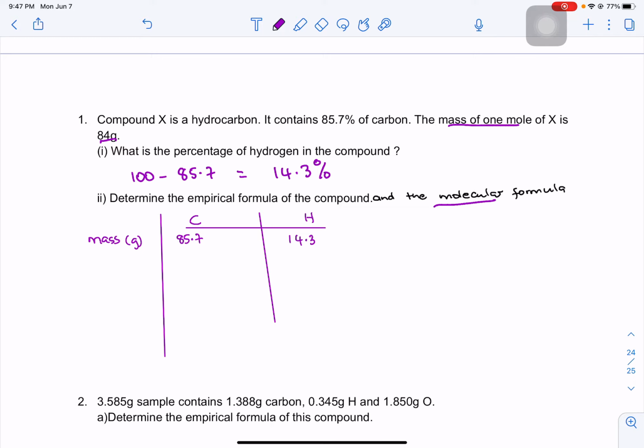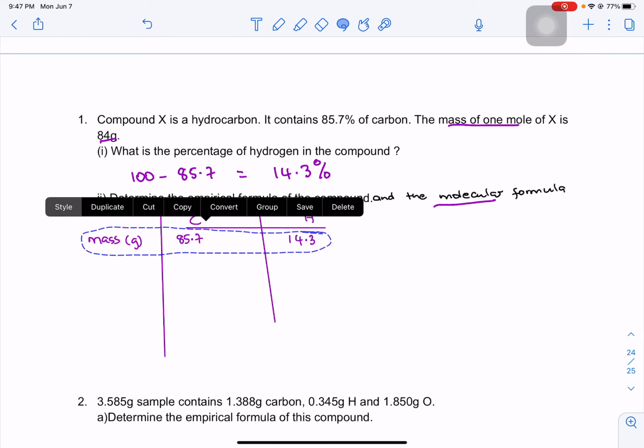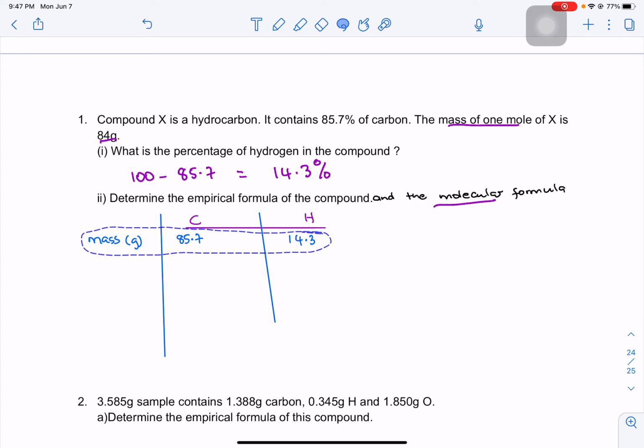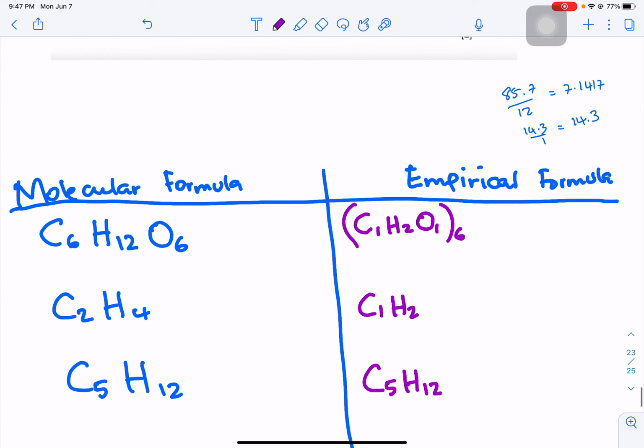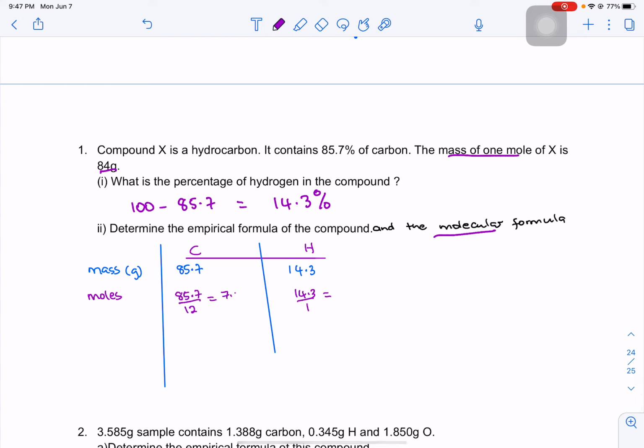Now that we have the mass, we want to change it to moles. How do we get moles? We divide the mass by the atomic mass number. So we use the mass number of carbon. We know the mass number of carbon is 12, and hydrogen's mass number is 1. When we calculate, I did this math before because I didn't want to waste time, we get 7.1417, and then this one stays as 14.3.